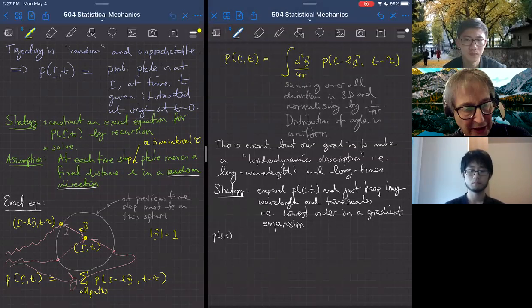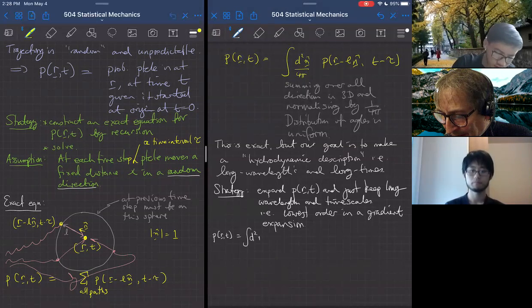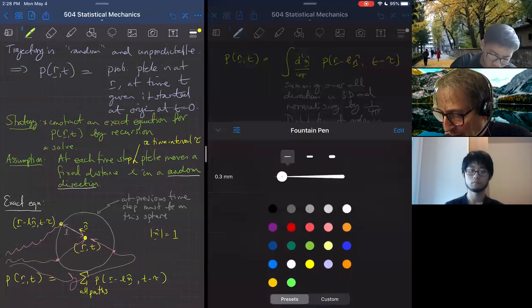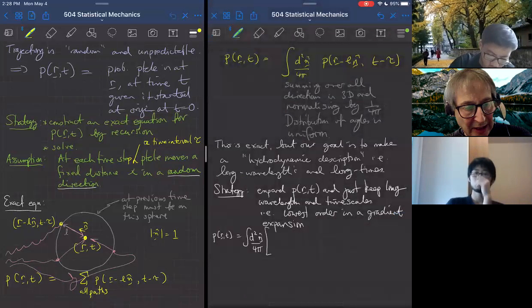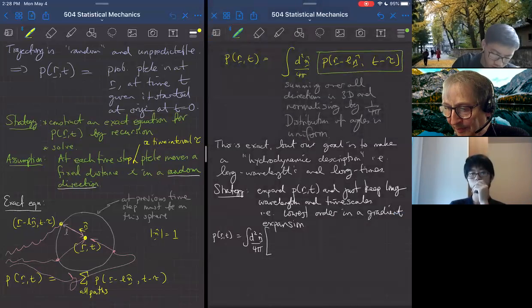So here's P of r and t on the left-hand side, and then d2n over 4 pi. And then I'm going to do a Taylor expansion of the stuff on the right-hand side. So let me write that out. So what I'm going to do is I'm going to take this thing over here and do a Taylor expansion.